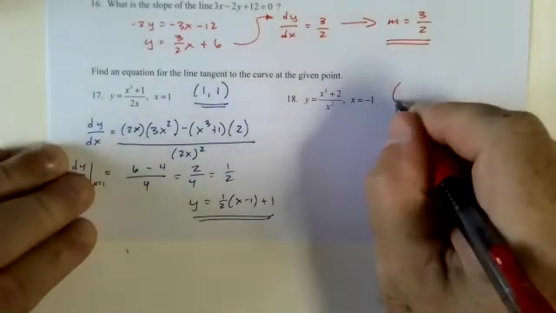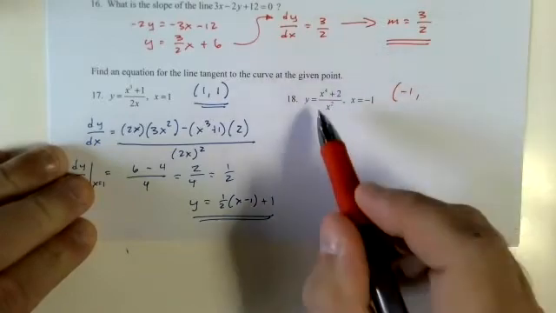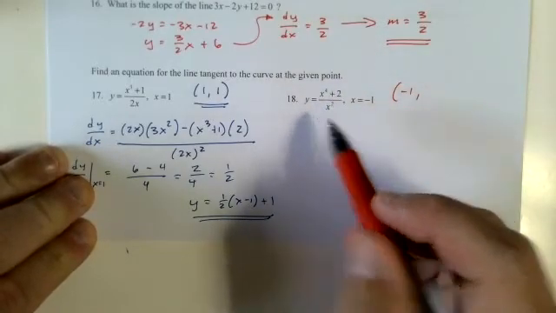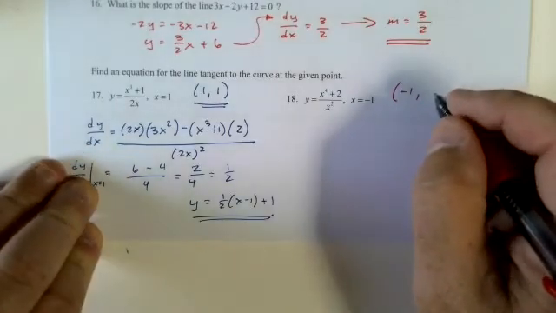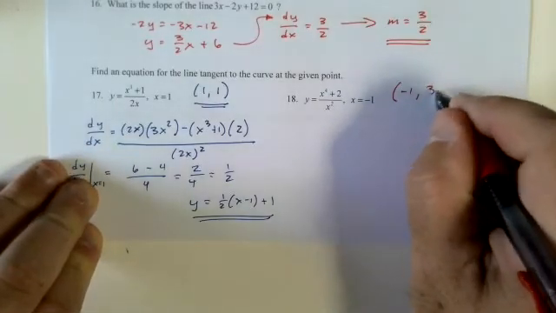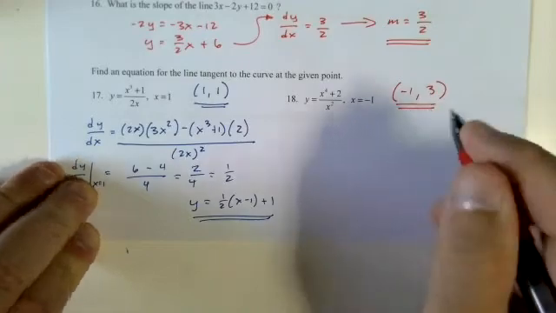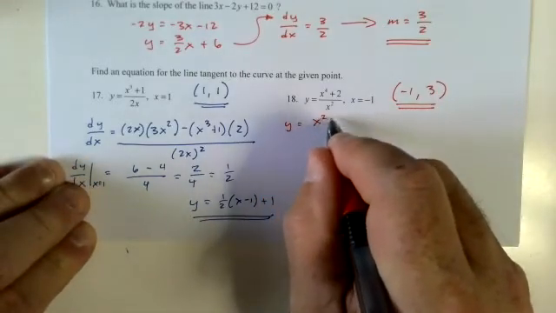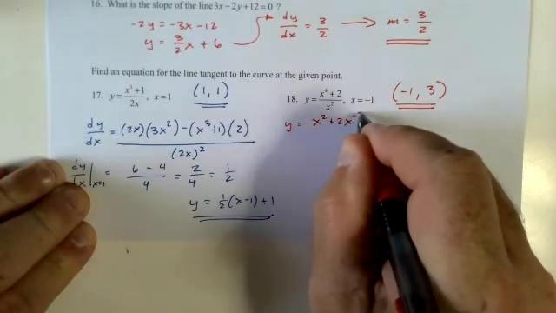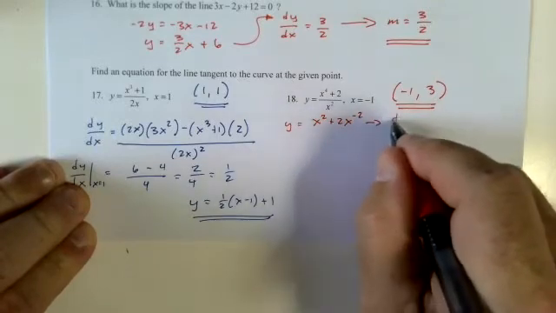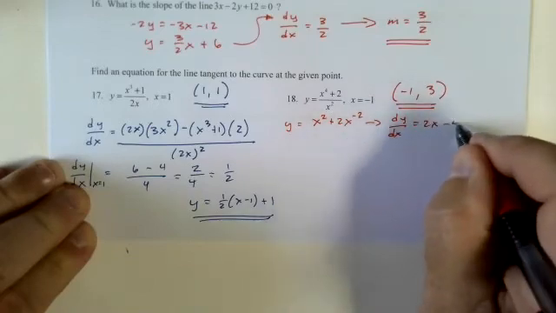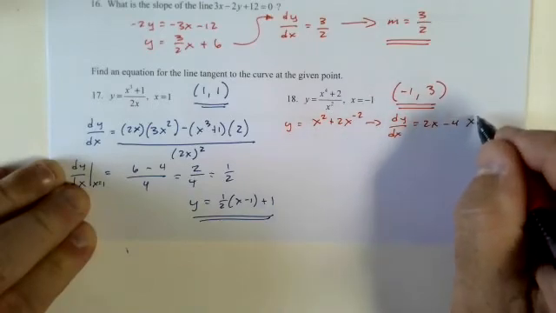Now I need this point again. -1 comma -1, 1 plus 2, 3 over 1 is 3. Y equals x squared plus 2x to the -2nd. dy dx equals 2x minus 4x to the -3rd.